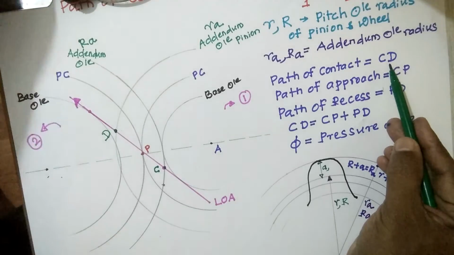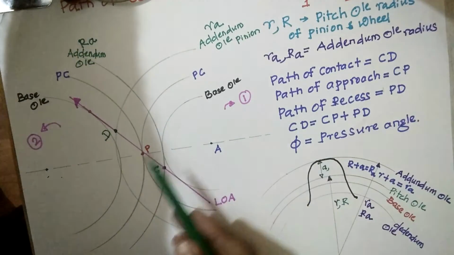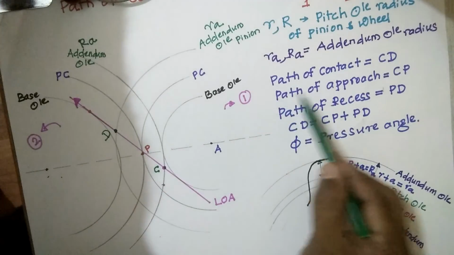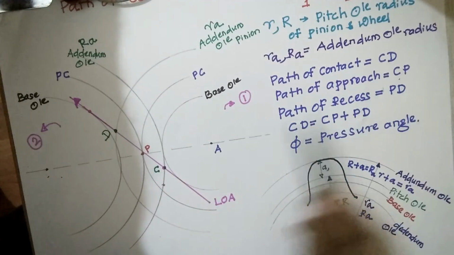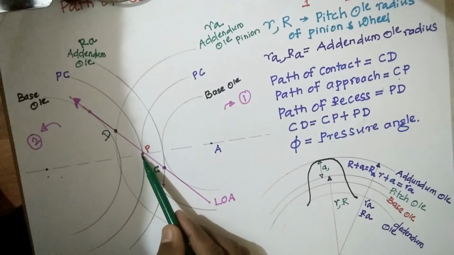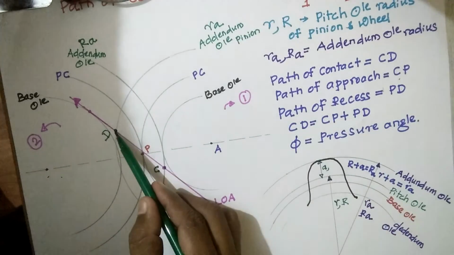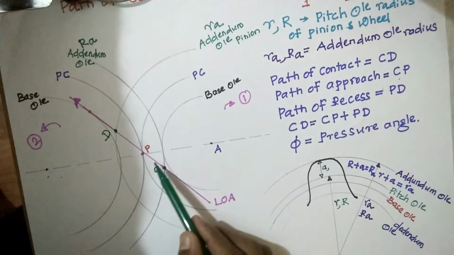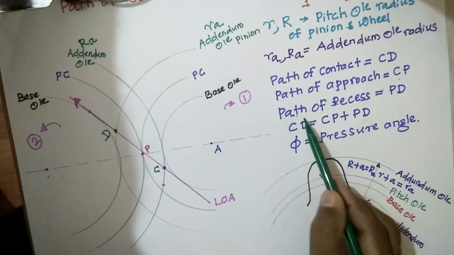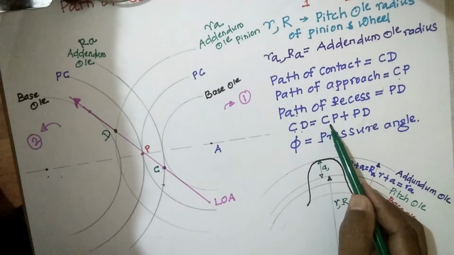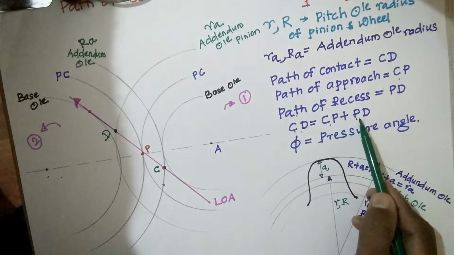Once again, they made a division in that length only: the path of approach, that distance CP, and the path of recess, that distance PD. Then the total length, path of contact, is equal to CP plus PD.